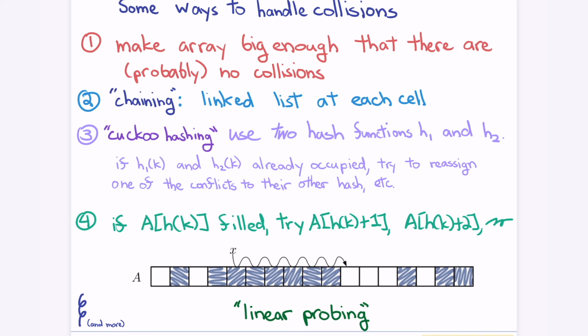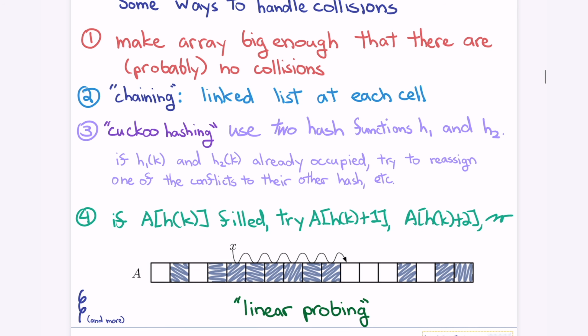You're just going to scan down the array. Donald Knuth analyzed this in like the 50s, so it might arguably be the first rigorously analyzed algorithm to some extent, because not many people were doing this kind of thing back then. So, as I understand, linear probing is the most practical.